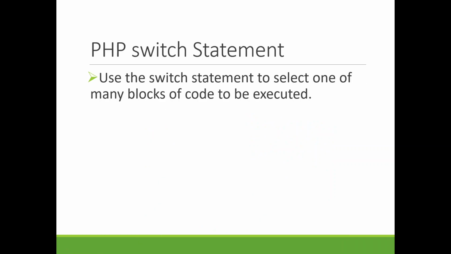Okay. Then we have another important one. It's called the switch. This one selects one of many blocks that is going to be executed. And it's particularly useful when you want people to choose from a menu.